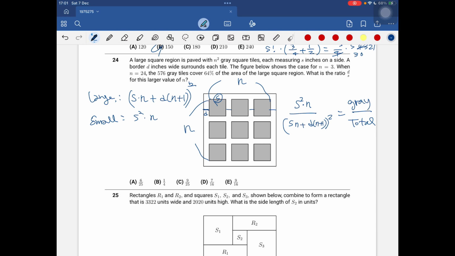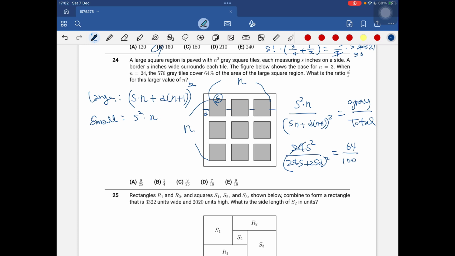So now, when n equals 24, 24s squared over (24s plus 25d) squared is 64 over 100.